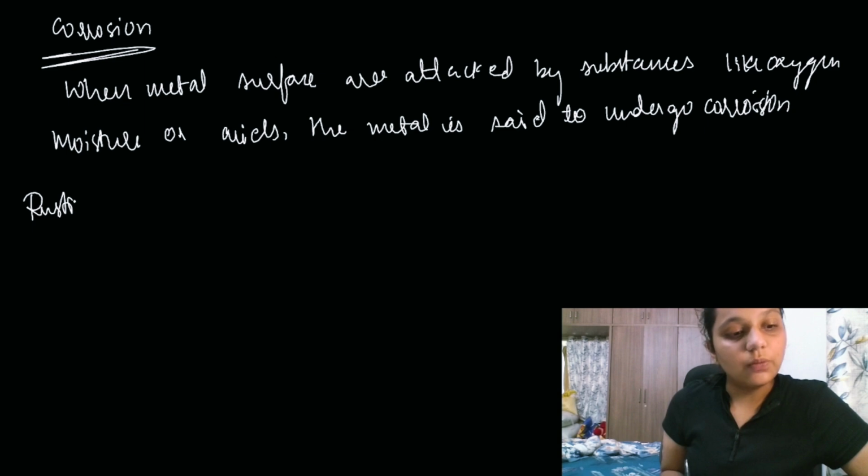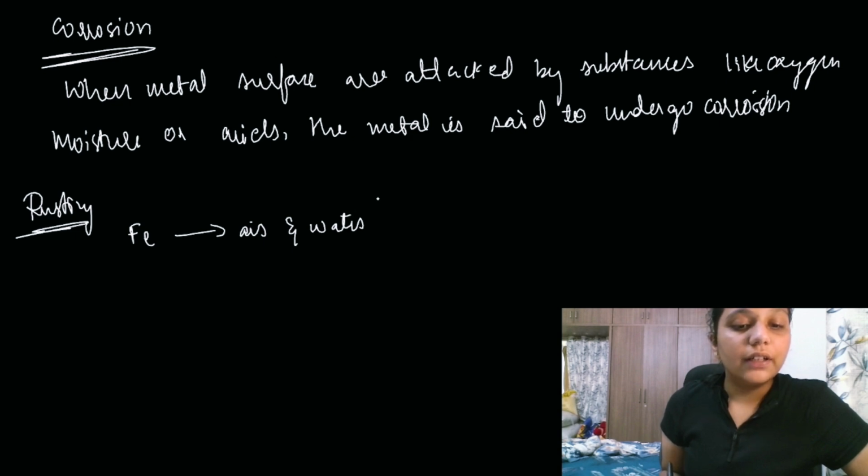So what is rusting? Rusting is nothing but corrosion only. When we are talking about iron, it's called rusting. Iron reacts with air and water. Particularly when we talk about iron, we have to mention air and water, to form a reddish brown flaky substance. This oxidation process, known as rusting, occurs more easily on the metal surface.